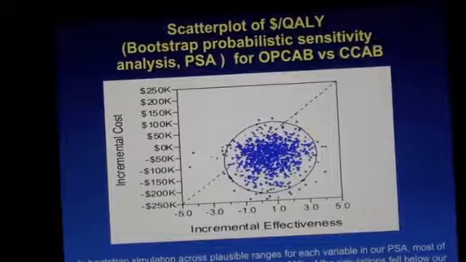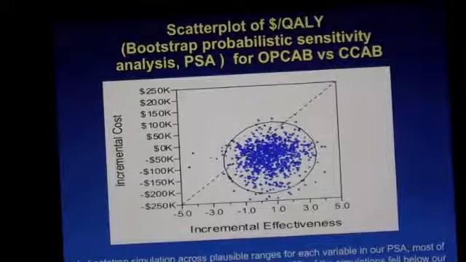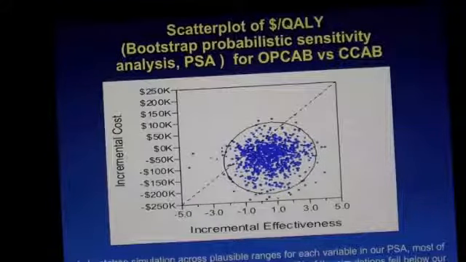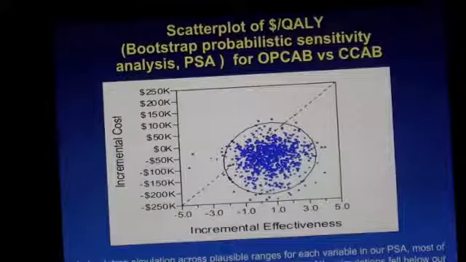So what we do when we do an economic analysis is we do sensitivity analyses and we run bootstraps and we do probabilistic sensitivity analysis across the plausible ranges of all those variables and run bootstrapping with multiples of iterations to figure out what the plausible range and spread of possible ICERs really is and where they concentrate.